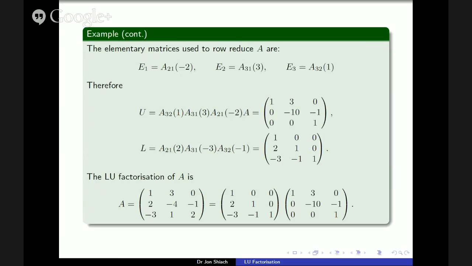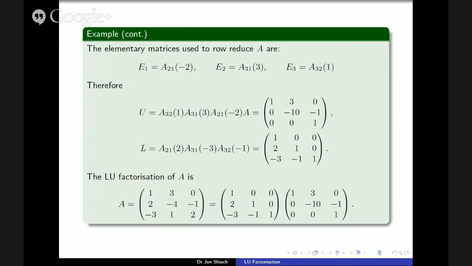Take the inverse of A31 4, which is A31 minus 4. And take the inverse of A32 minus 16, which is A32 plus 16. Again, the good thing is these numbers in the subscripts give us the element location of the numbers in the bracket.